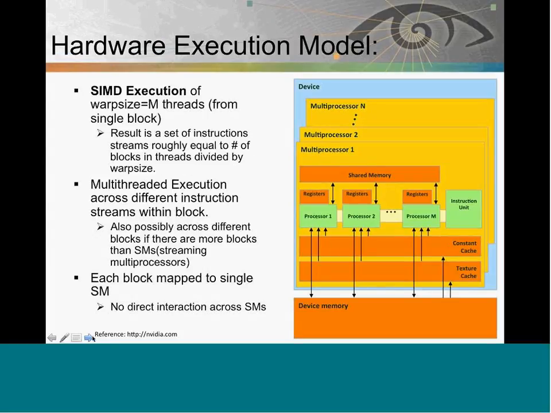You see here how the memory is connected with each processing element or processor. Here the execution warp size is equal to the number of threads. Multi-threaded execution across different instruction streams within the block. Each box maps to a single streaming processor, so there is no direct interaction between the streaming processors.